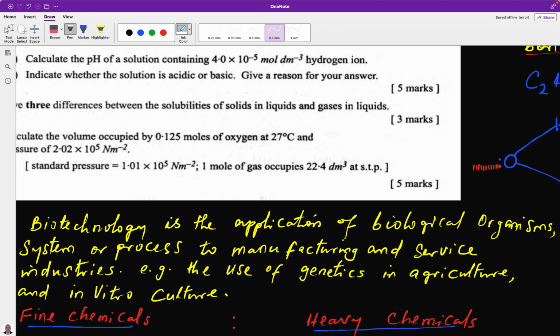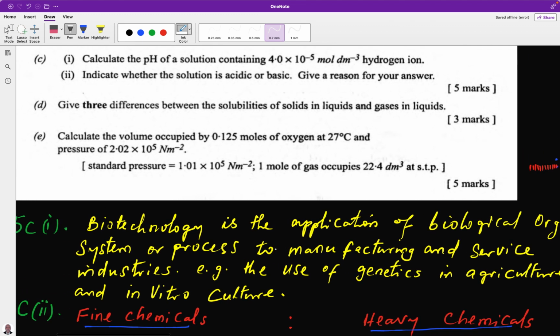With this, there's greater yield or greater agricultural produce. The use of genetics in in vitro culture in animals, giving us different breeds. So that is just a brief definition of biotechnology.